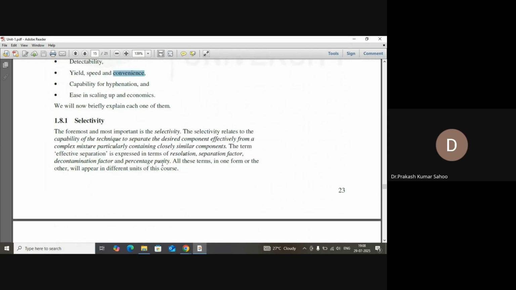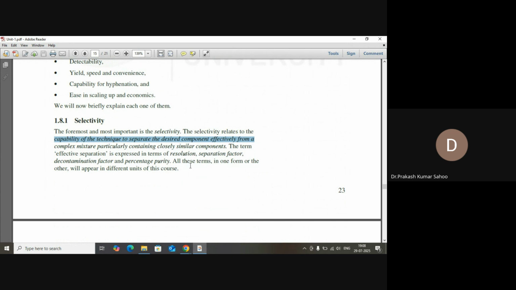So the selectivity I just read out is related to the capability of the technique to separate the desired component effectively from a complex mixture, particularly one containing closely similar components. This is very important. The term effective separation is expressed in terms of resolution, separation factor, decontamination factor, and percentage purity.